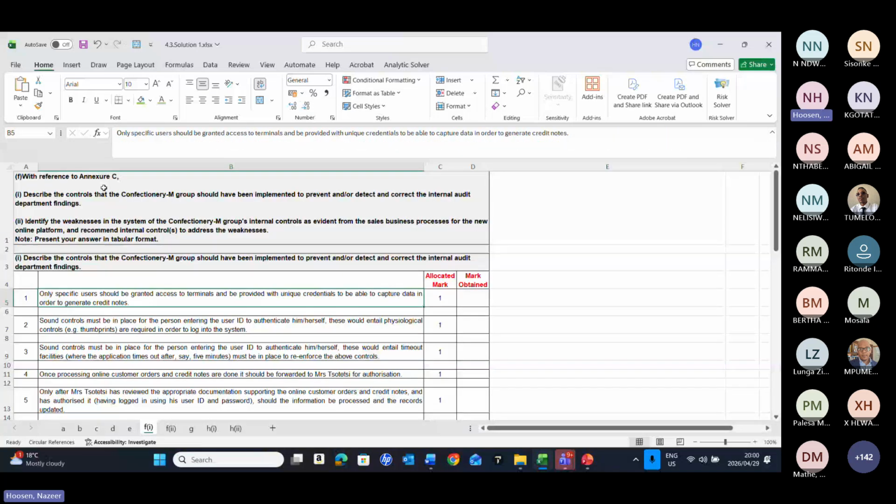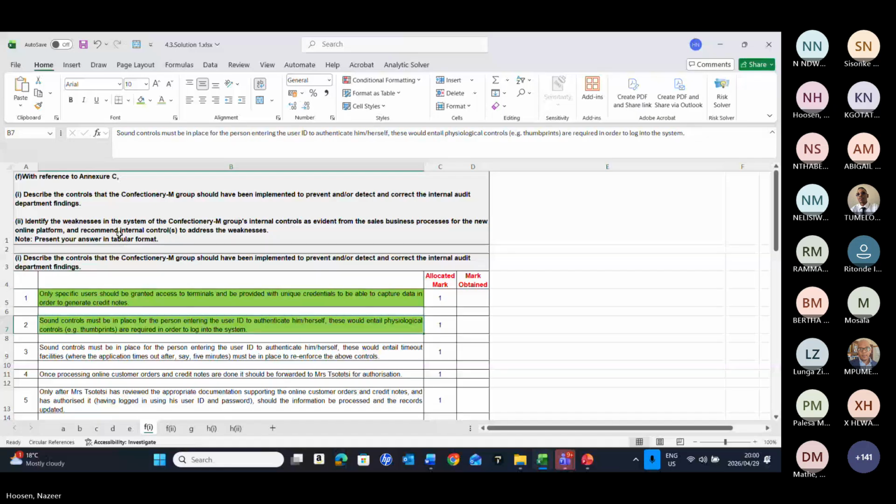Brilliant. So what we have here, you see only specific users should be granted access to the terminals, which is the building, and provided with unique credentials. Some controls must be in place for a person entering, physiological controls. Like if you're going into a building, there should be thumbprints in place or access cards in place.